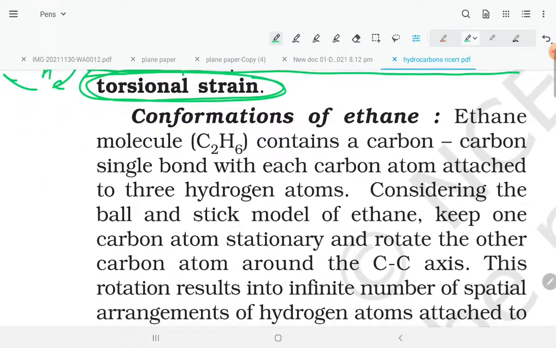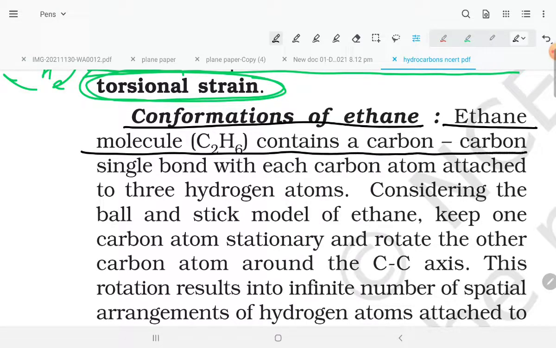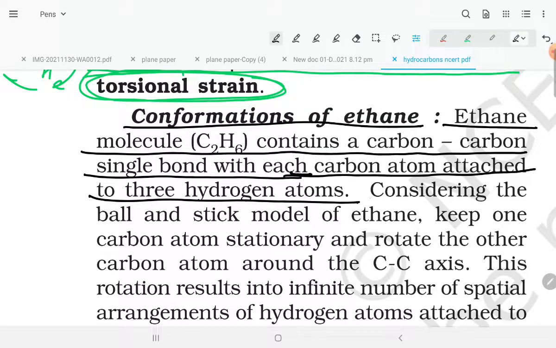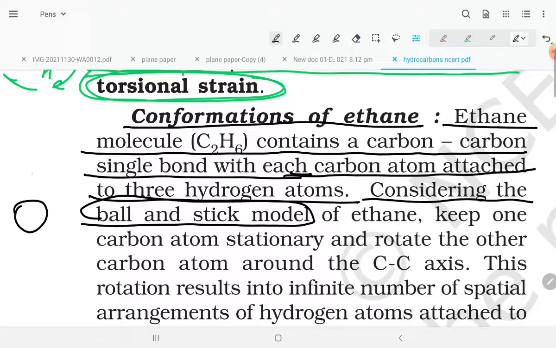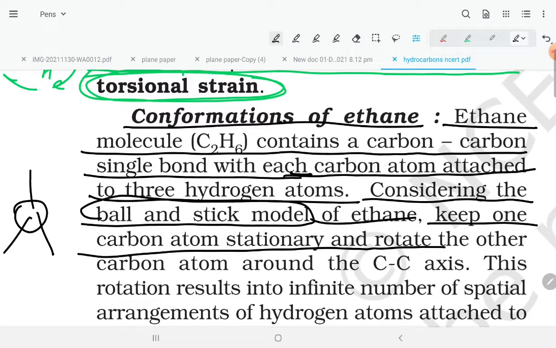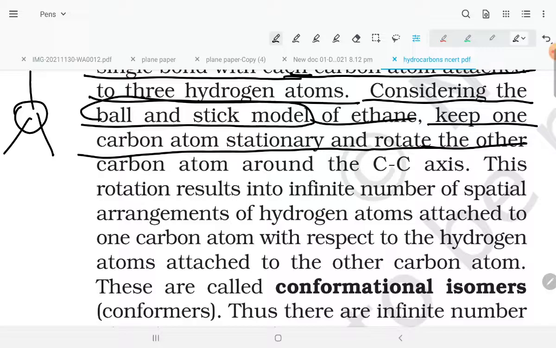Now let us try to understand conformation in ethane. The ethane molecule, C2H6, contains a carbon-carbon single bond with each carbon atom attached to 3 hydrogen atoms. Considering the ball and stick model of ethane, keep one carbon atom stationary and rotate the other carbon atom around the C-C axis.